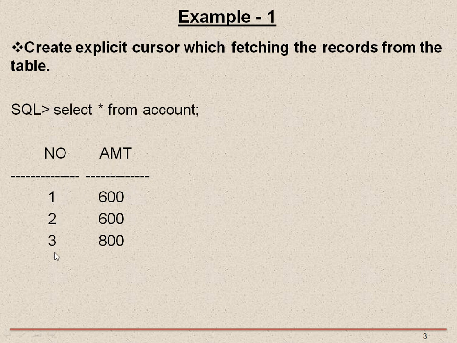Number is 1, 2, 3 and amount is 600, 600 and 800. Based on this table information, through an explicit cursor, you can display these whole records, the same as select star from account table. But this will be done by an explicit cursor. So now let's see how it happens.